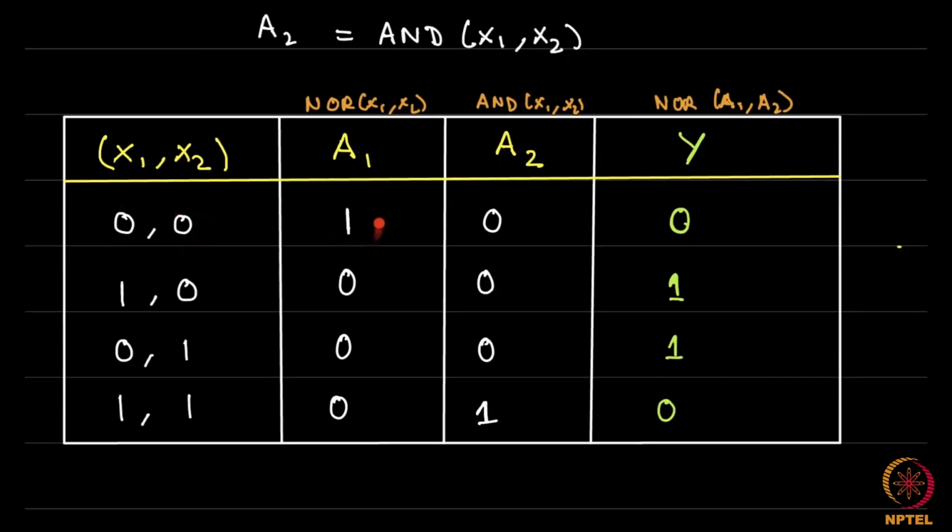So NOR is just not of OR. So that gives me 1. Similarly, if you do AND, I get 0. Now I take 1 and 0 and I do a NOR, I get Y, which is 0. So you can repeat this exercise and test it out. And you indeed get the XOR outputs. So for example, 0, 0 gives you 0, 1, 0 gives you 1, 0, 1 gives you 1, and 1, 1 gives you 0.